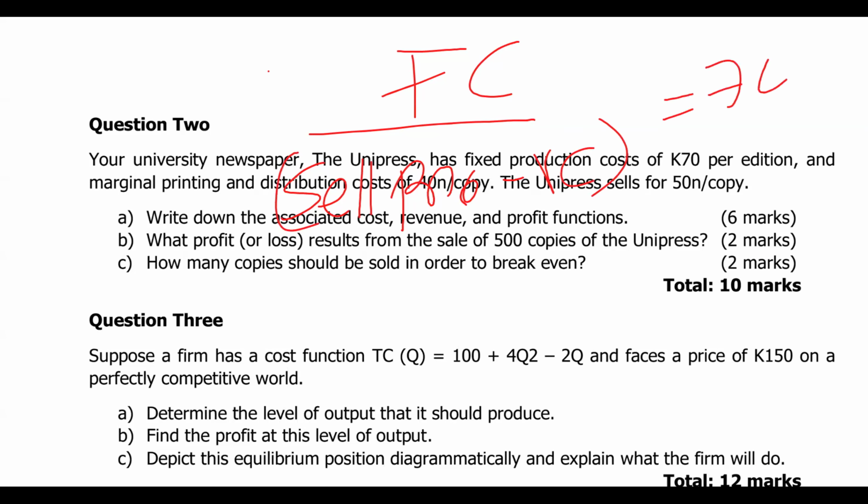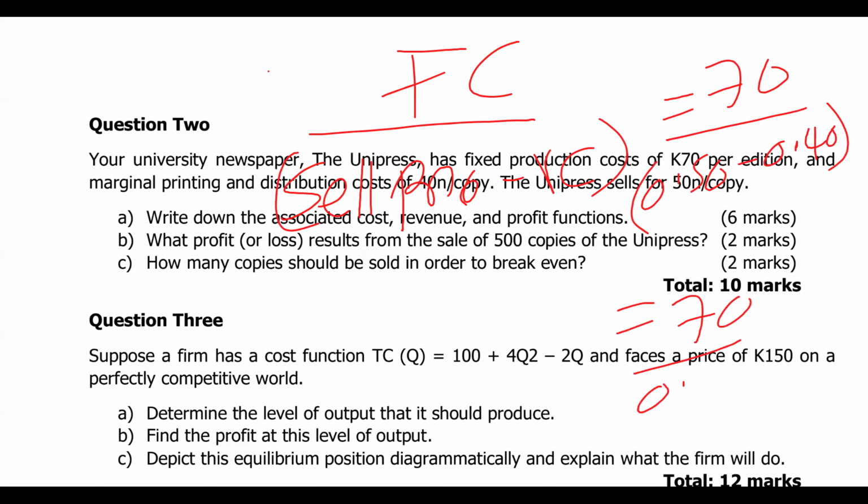So it is 70 divided by the sales price 0.50 minus variable cost 0.40. It will still be the same thing, which will be 70 divided by 0.10, and it gives us 700 copies to break even. We need 700 copies for us to break even.